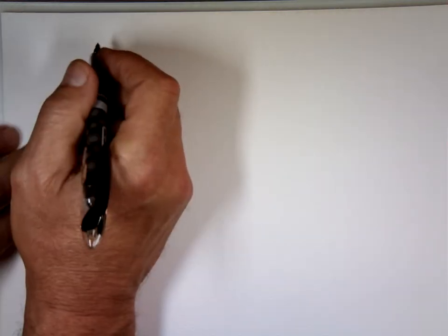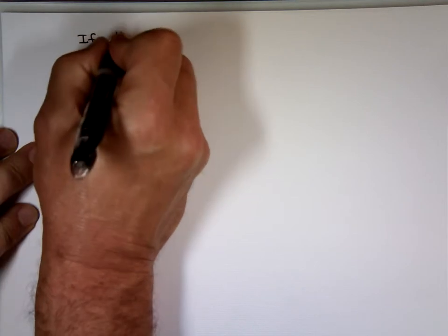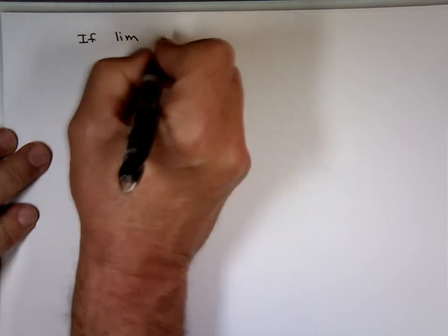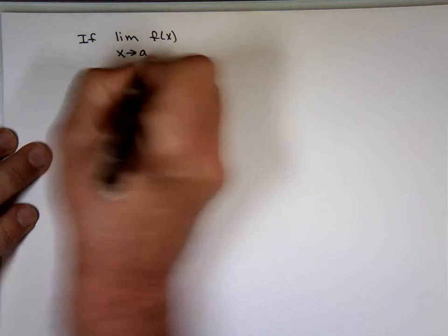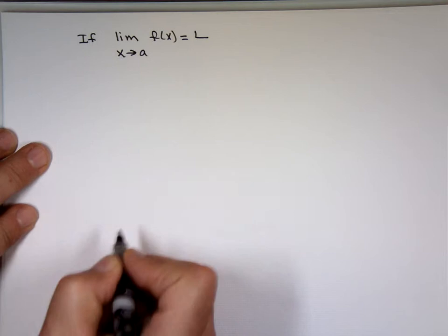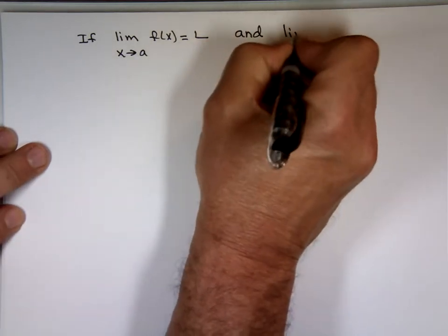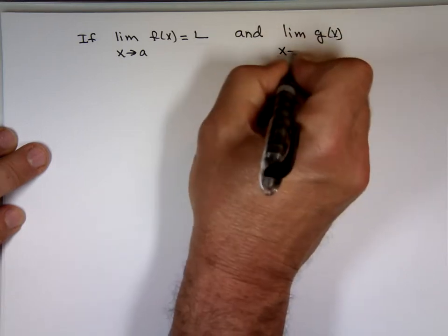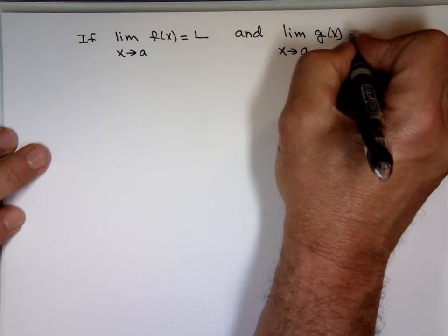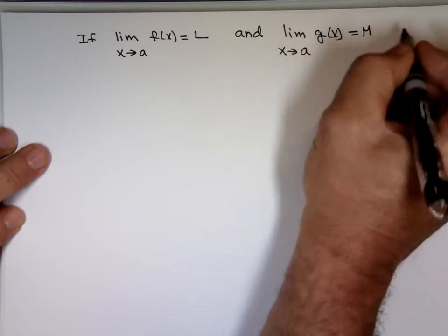But it says if the limit, I'll give you examples on them, of f of x as x approaches a is equal, I don't know, to L. Let's use that. And the limit of g of x as x approaches a is equal to, what should we use for that? M? Okay, L and M.